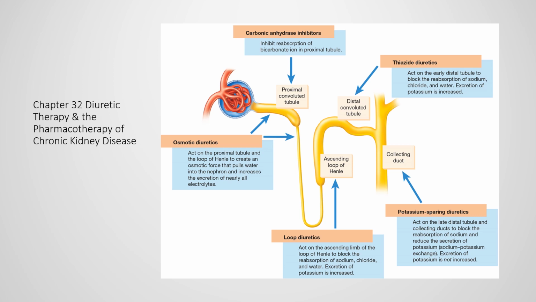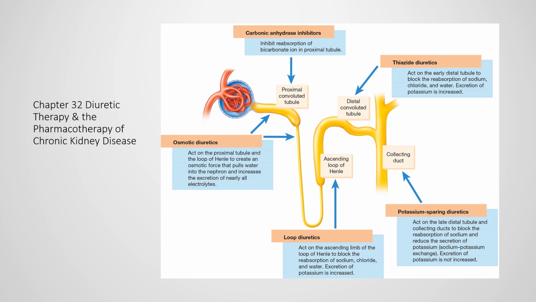Okay, so for example, the loop diuretics, well, they stop absorption of potassium, of sodium, of chloride, and water. So you're basically draining all of your electrolytes.